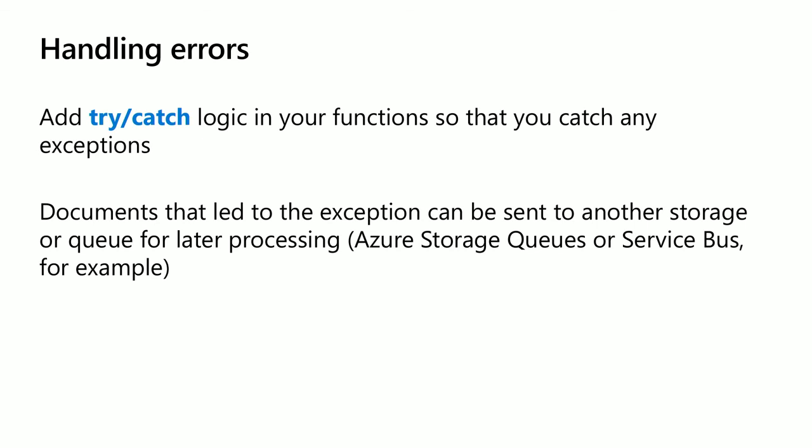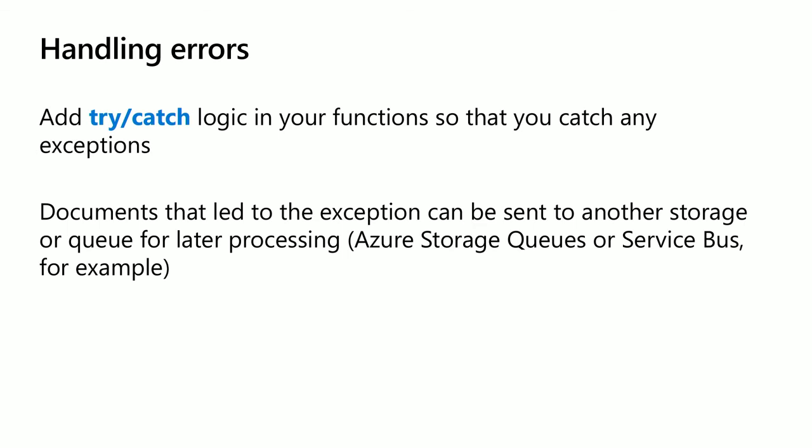Now, we didn't talk at all about handling errors today, just because we only had 45 minutes. But this is obviously something that's incredibly important when you're reading from the change feed, especially if you're doing something like sending out email alerts or processing documents and writing them to another data source like Azure Blob Storage.